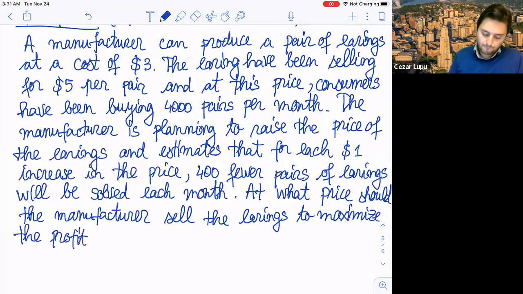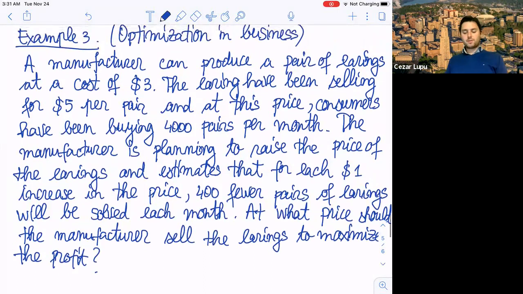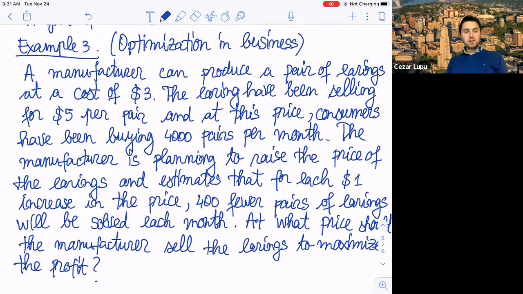Okay, this is a pretty real world application, in fact. So let's read it carefully. So a manufacturer can produce a pair of earrings at a cost of $3, okay?